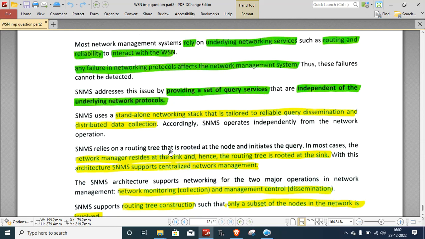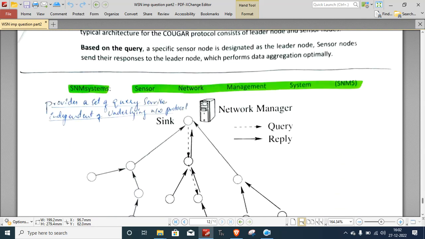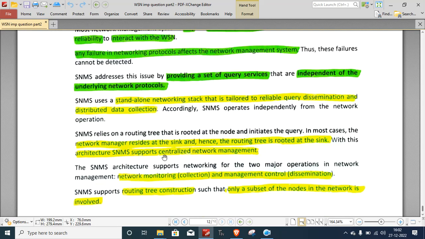SNMS relies on a routing tree that is rooted at the node that initiates the query. In most cases, the network manager resides at the sink. So this CPU-looking structure actually resides inside this sink node. Hence the routing tree is rooted at the sink. With this architecture, SNMS supports centralized network management.